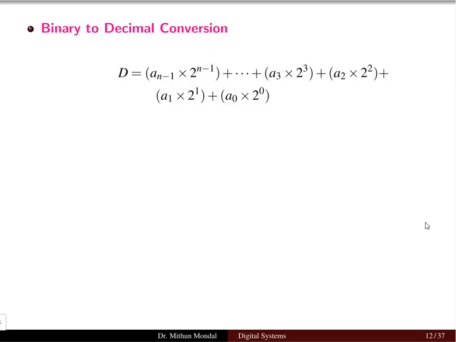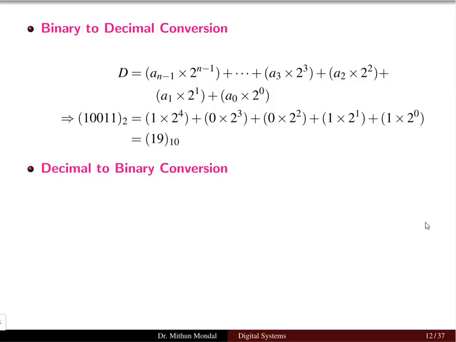Now for the binary to decimal conversion, each digit is multiplied by 2 raised to the power of its corresponding position. Let us appreciate this with one example: 10011 base 2, with positions 0, 1, 2, 3 and 4.